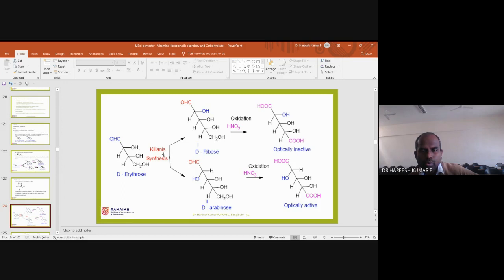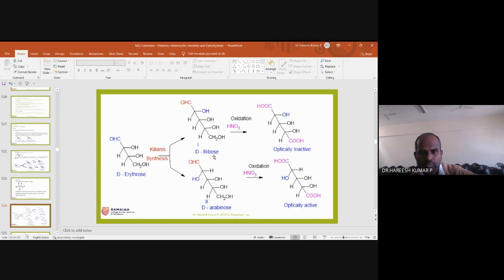So here, what you can remember: when erythrose is subjected to Kiliani synthesis, if the hydroxy group goes towards the right hand side, then it's called ribose. If this hydroxy group goes towards the left hand side, then it's called arabinose. That's the only difference between ribose and arabinose.